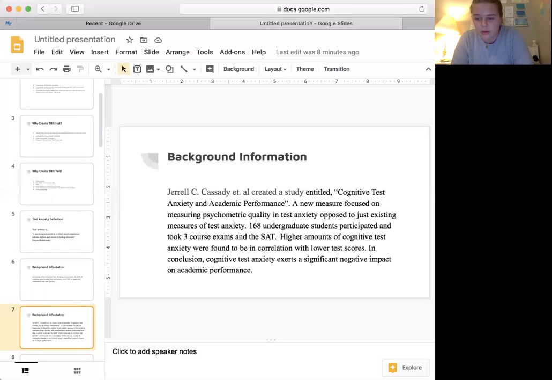Higher amounts of cognitive test anxiety were found to be in correlation with lower test scores. In conclusion, cognitive test anxiety exerts a significant negative impact on academic performance.